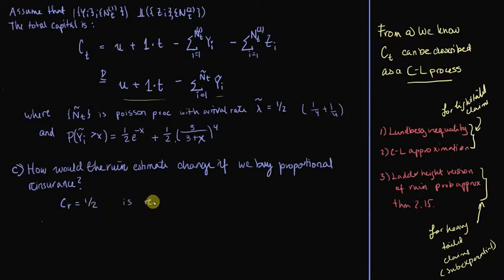So this is the reinsurance premium. And they also give us the self-insurance function, S(x), so S of x is equal to x halves for claim size x.